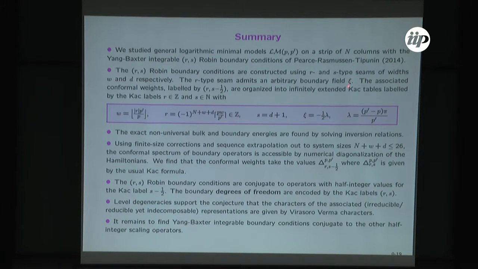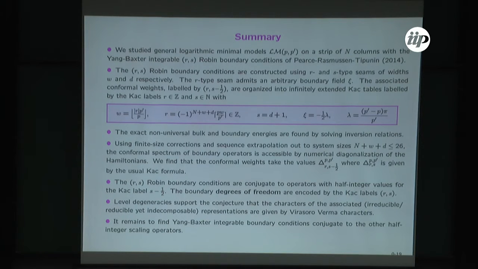However, if you scale this with an i log n and take the imaginary part of xi to infinity, you can actually induce a renormalization group flow between various boundary conditions. So this actually plays a role there. The associated boundary conditions are labeled by half integer s, and they're organized again into an infinitely extended Kac table. So now we have two infinitely extended Kac tables associated with these models, but still we're not done.